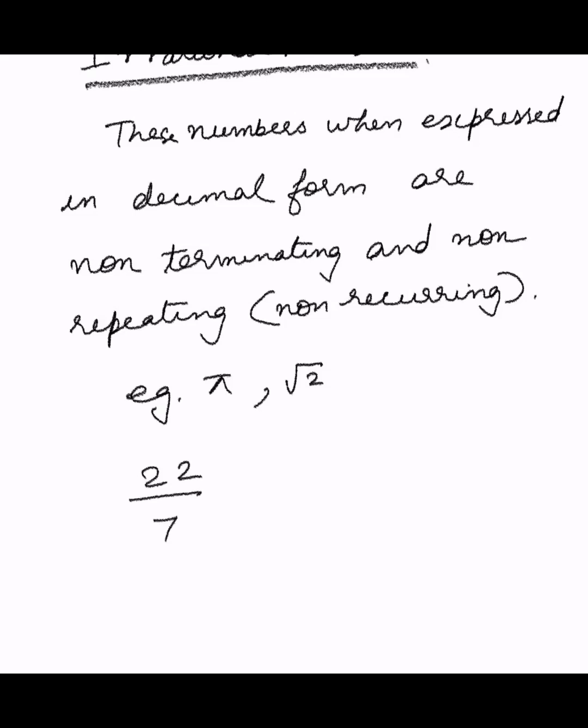But we say 22 by 7 is a rational number. It is a rational number because 22 is an integer, 7 is an integer. So 22 by 7 is a rational number, but pi, after division, is a non-terminating, non-repeating decimal. Pi is an irrational number.